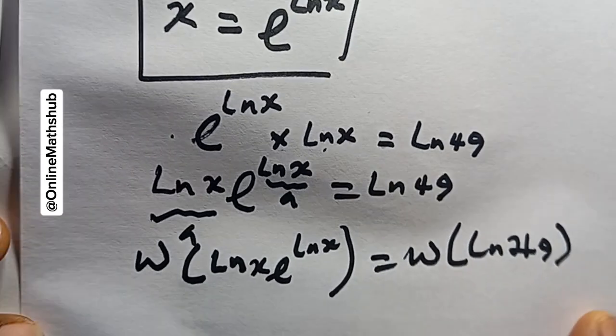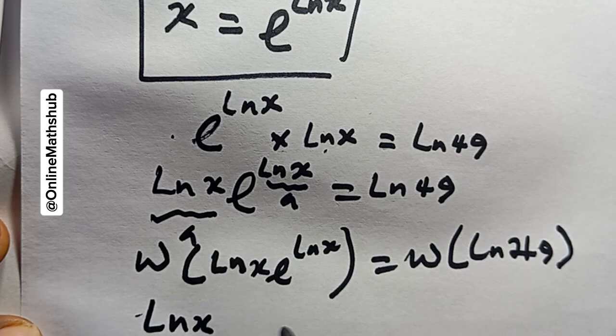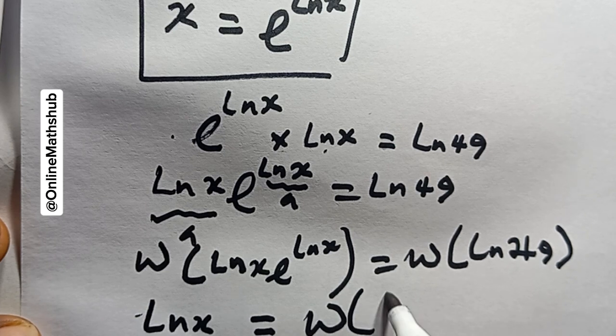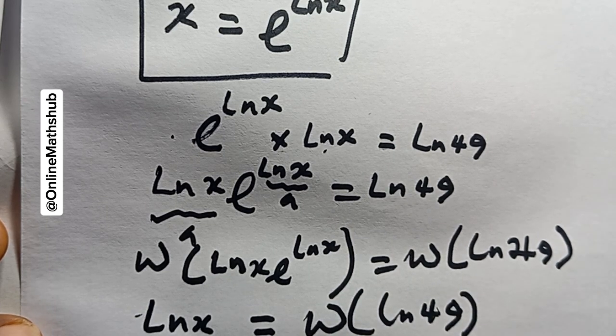At this point, this left hand side is going to collapse to the natural log of x, and that will be equal to the Lambert W function of natural log of 49 there at the right hand side.